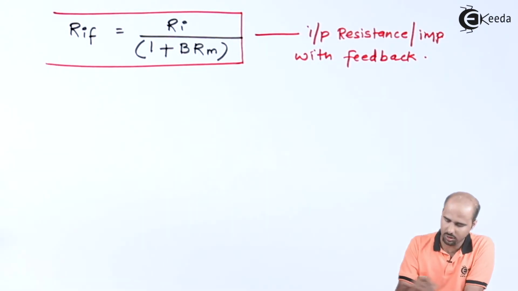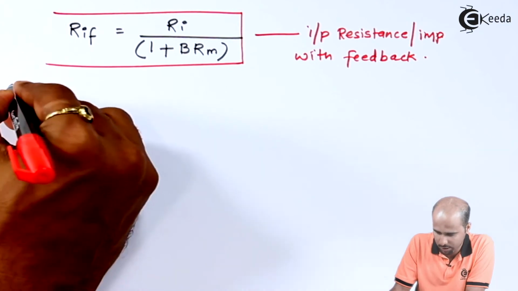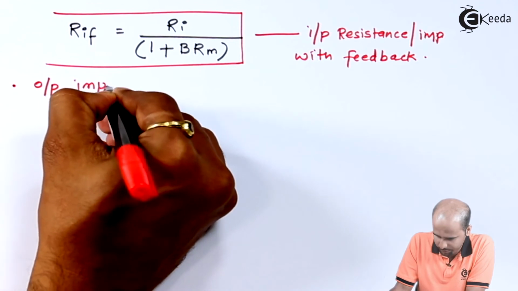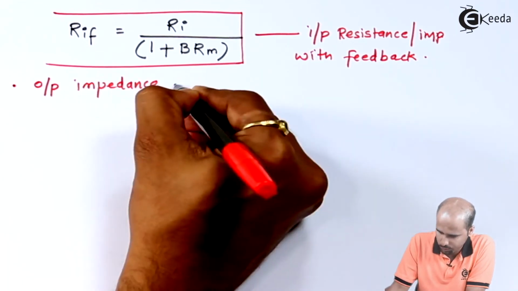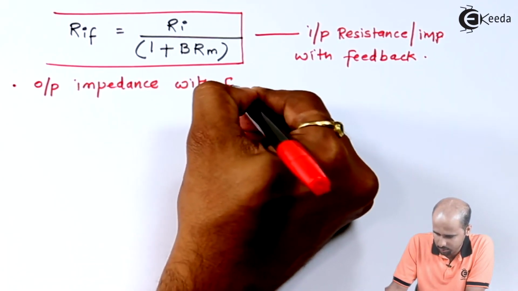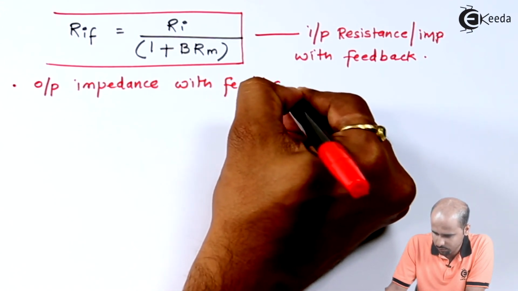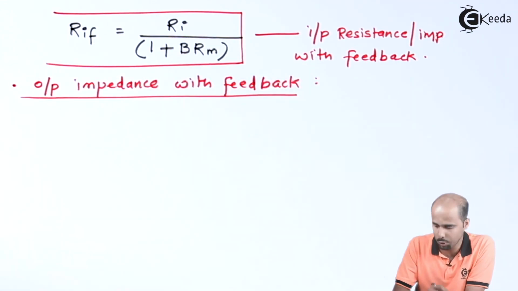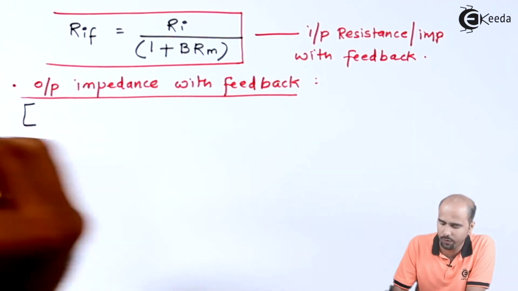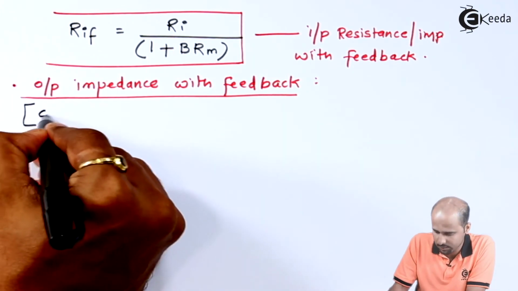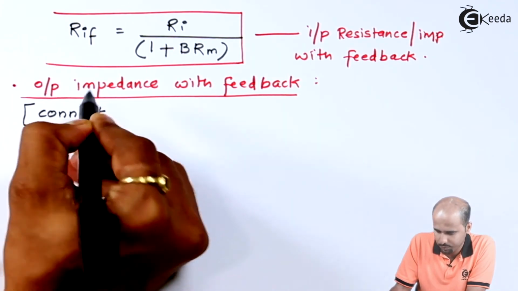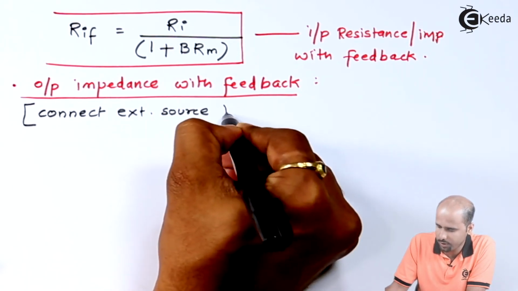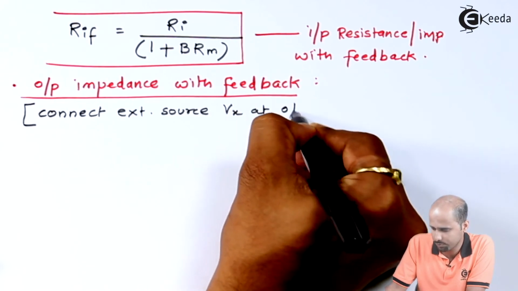What will be the effect on your output impedance? To calculate the output impedance with feedback, as I said earlier in the previous video, whenever we want to find the output impedance, we have to connect an external source Vx at output.